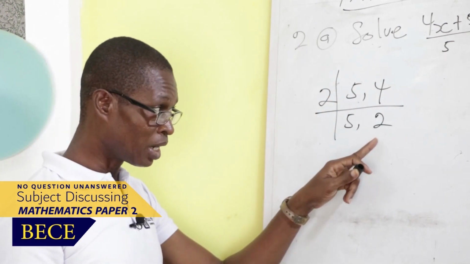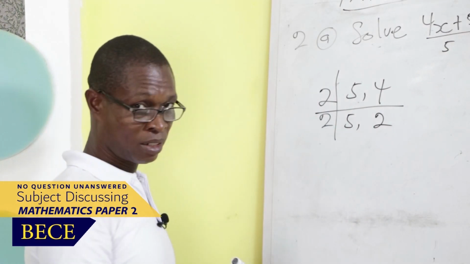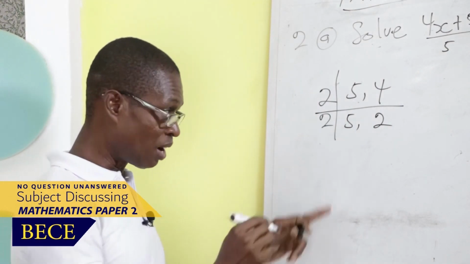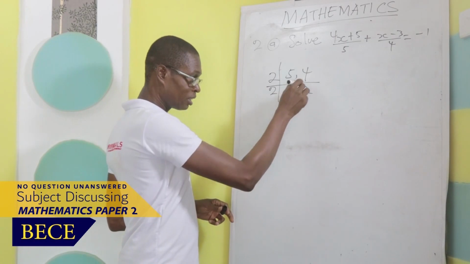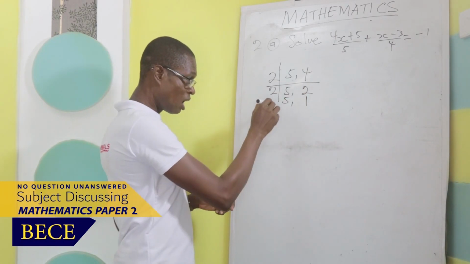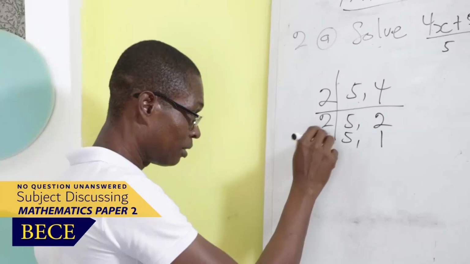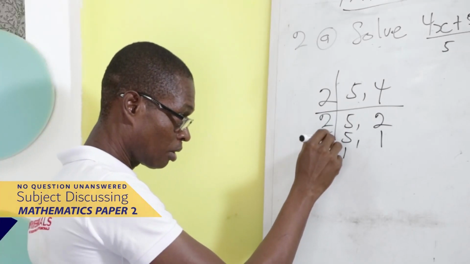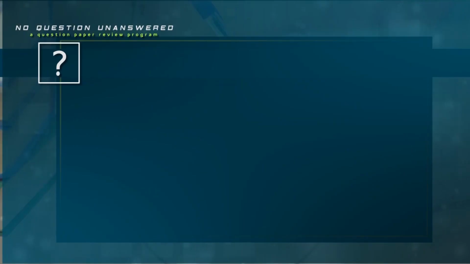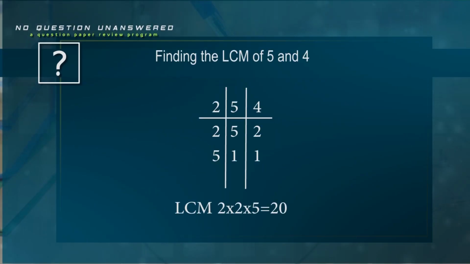You still have 2 there, so you pick 2 again. Since 2 cannot go into 5, write the whole 5 down. Cancel the 2, 1. You now have 5, which is itself a prime number, so you pick it to cancel itself. Your LCM now is what? 2 times 2 times 5, which is what? The 20.